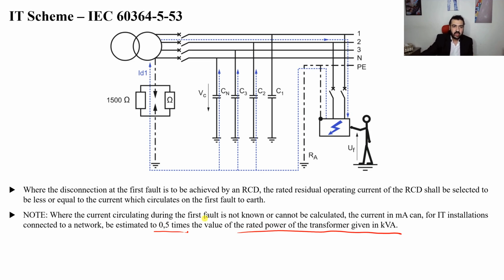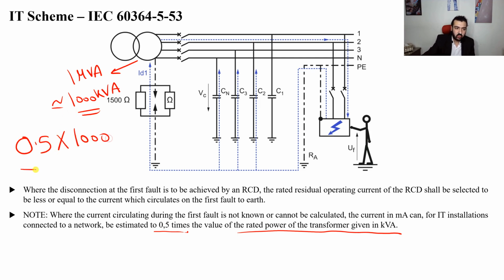What does this mean? If I have a transformer of 1 megavolt ampere, meaning 1000 kilovolt ampere, the IEC tells you, hey, you can estimate that current to be 0.5 multiplied by that value, 1000. It will give you about half of it, 500 milliamperes.